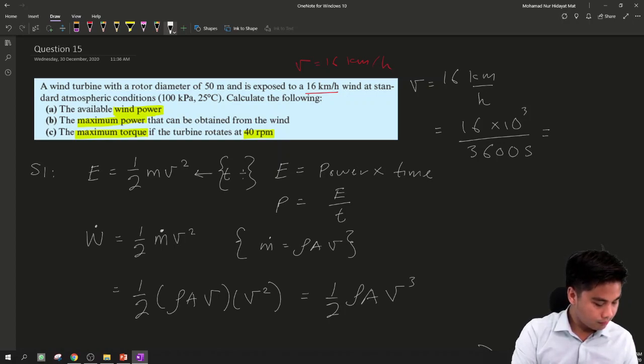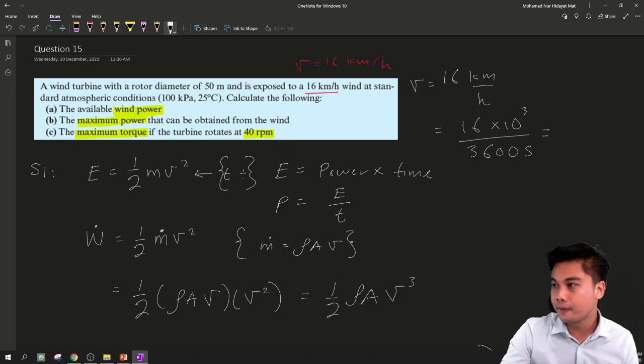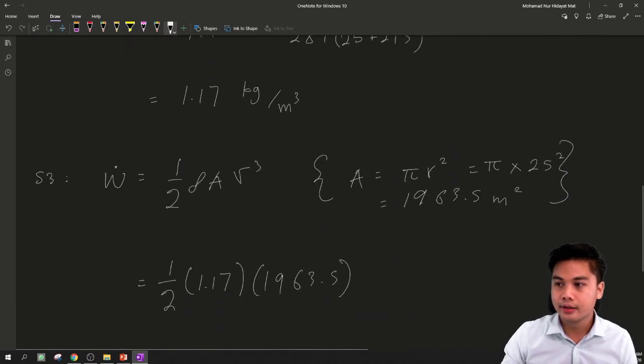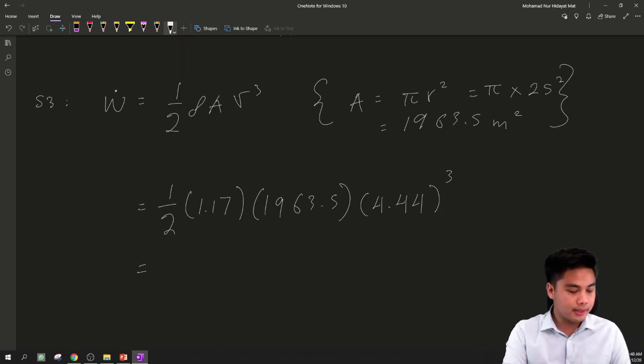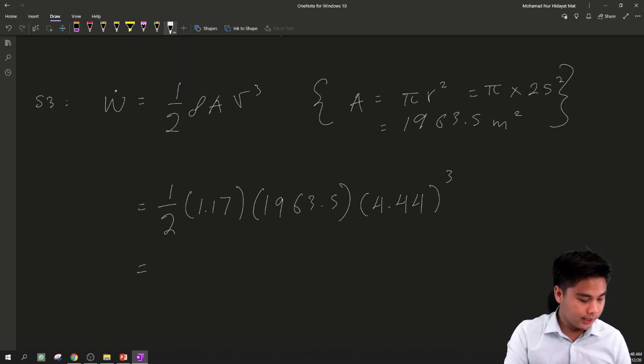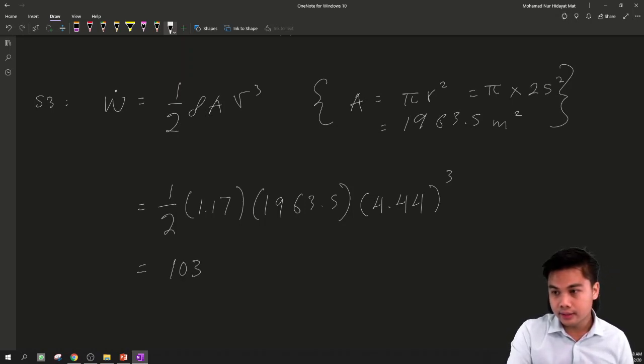You will get 16.7 meters per second. Substitute here, 16.7 meters per second to the power of 3. The final answer for power input from the air is 103 kilowatt.